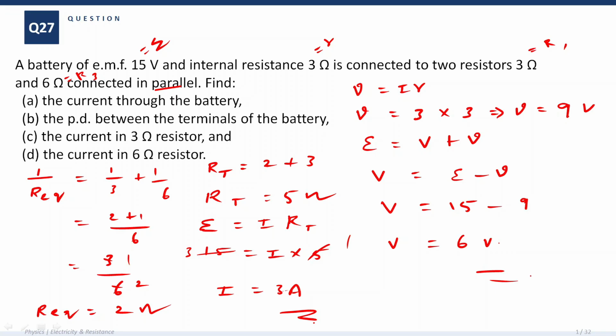The current in the 3 ohm resistance. I will draw the circuit, then we will get the idea. One resistor, this is the other one.